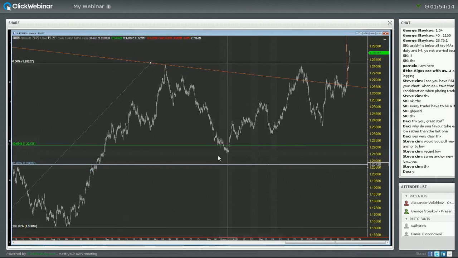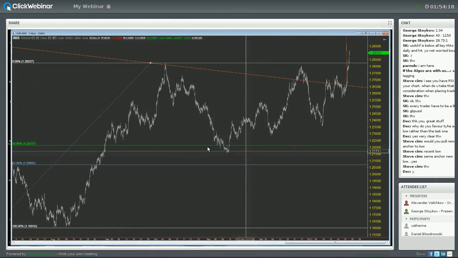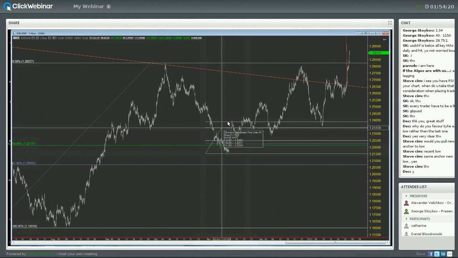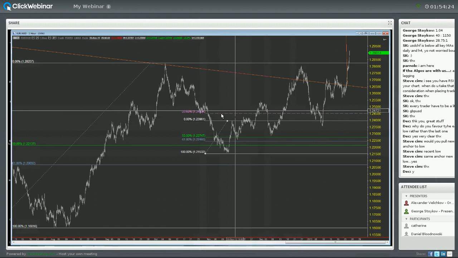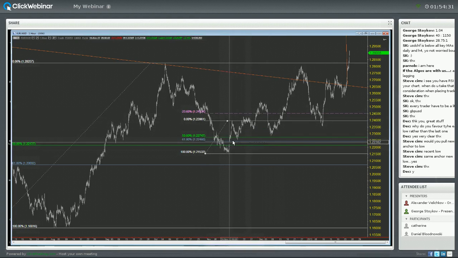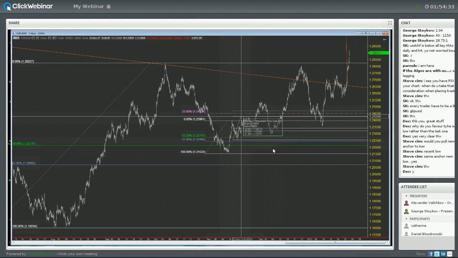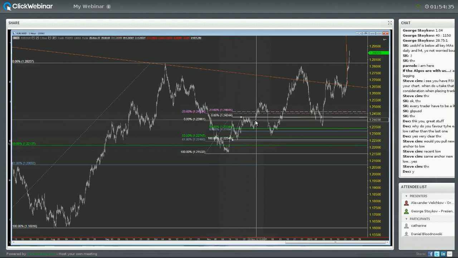We didn't even dip into the 61.8% line. The problem is that from here things got a bit tricky. Again, a hold. You can see targets are reached. You take this anchor, you drop to here. As you can see, we held again.